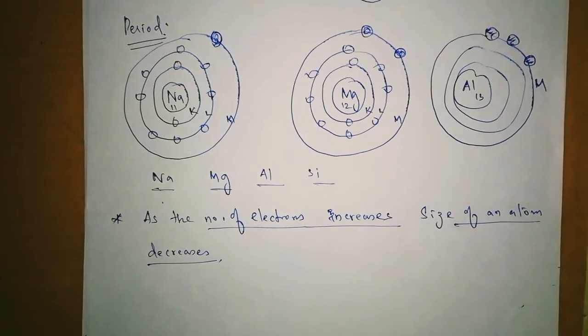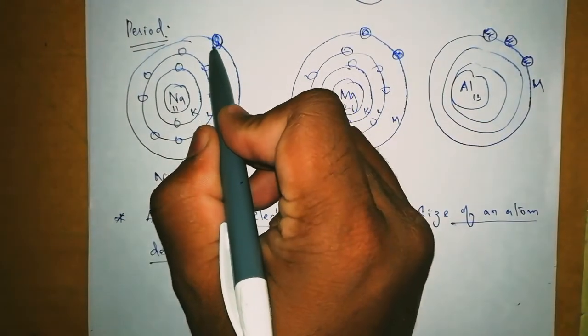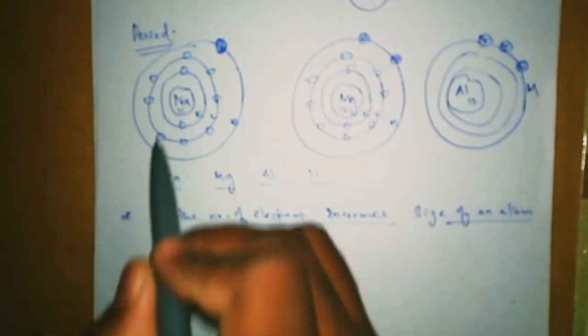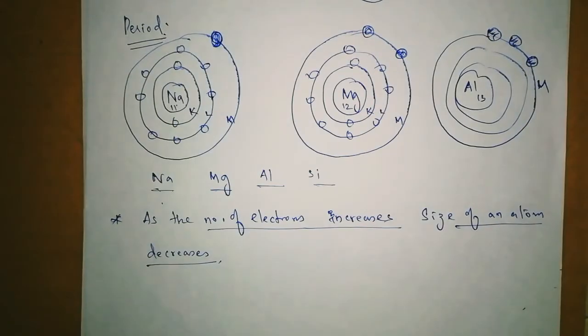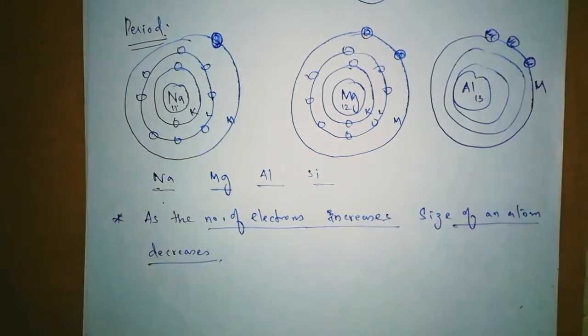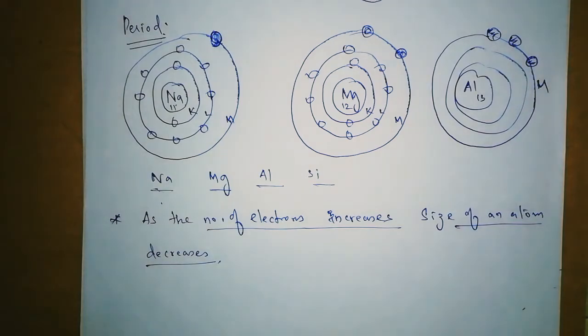You think of that. Only one electron in the outermost shell. So the nuclear charge which is present inside the sodium, you think of the sodium first. The nuclear charge which is present inside the sodium has enough power to hold the last electron. So last electron को ऐसे पकड़ के रखता है, खींच के रखता है. You think of that.